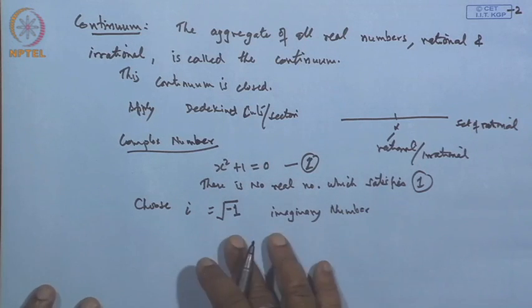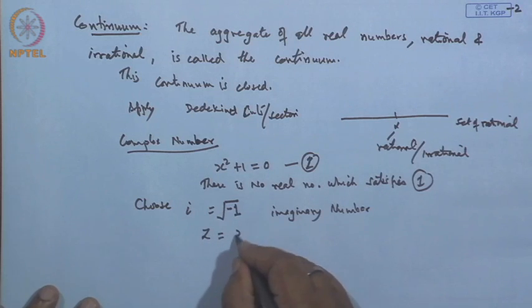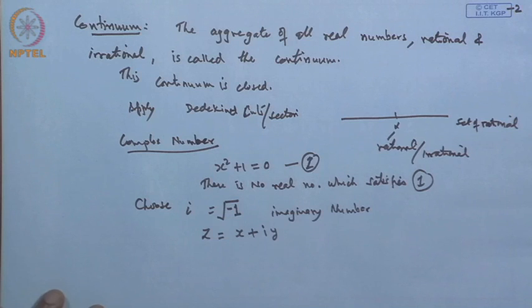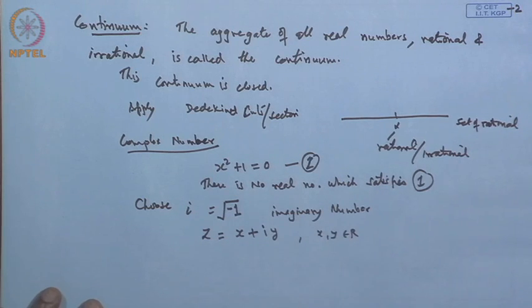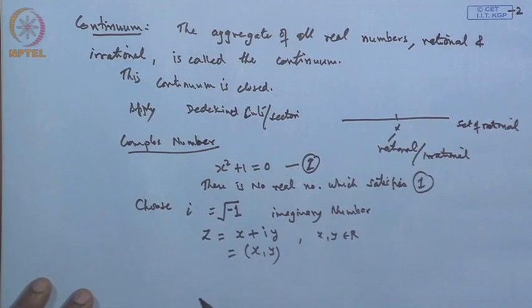And then, once it is an imaginary number, we develop the set of points of the form x plus i y, where x and y are both real, and basically this will be represented in the form of the ordered pair (x, y).